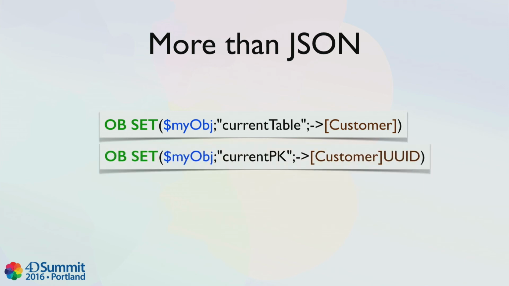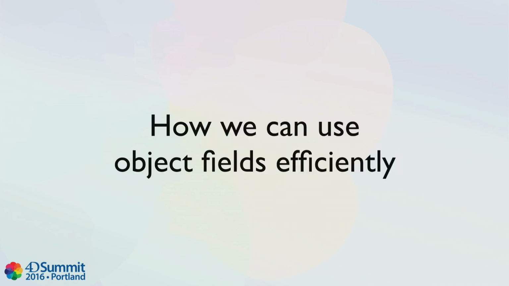That's really efficient, and we can have a nice way to reduce the number of variables in your application thanks to that. But that's not the subject for the moment. For the moment, we will look at how to use object fields efficiently.